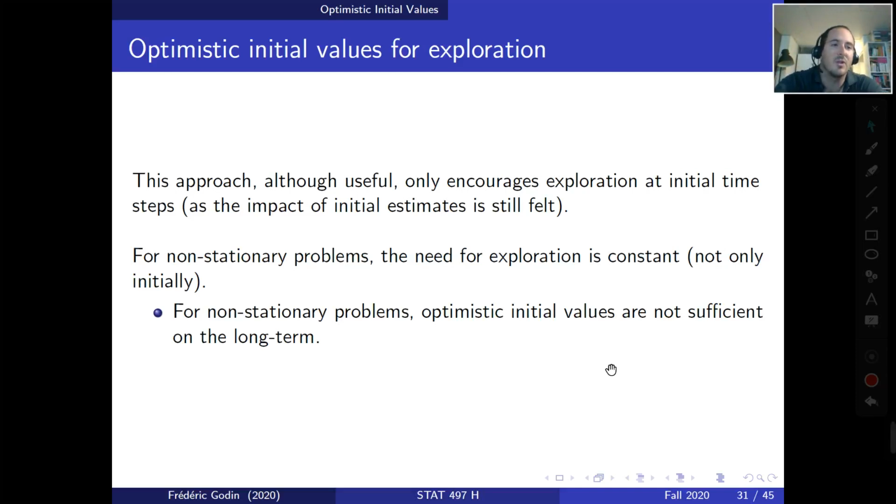So for non-stationary problems, overly optimistic initial estimates are not sufficient to ensure constant exploration. You need to impose exploration through other means, for example an epsilon greedy policy or something like that.